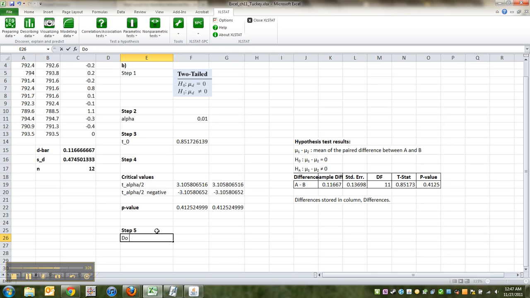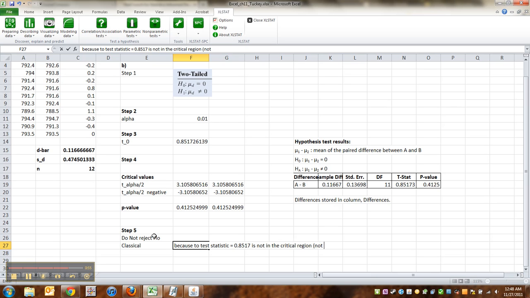Do not reject H0. And you can think of it for two reasons. You do not reject H0 in the classical way because your test statistic T0, which is equal to 0.8517, is not in the critical region.